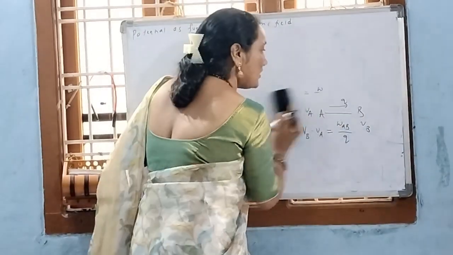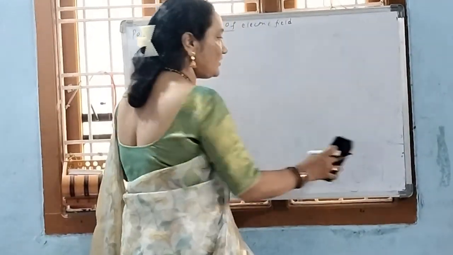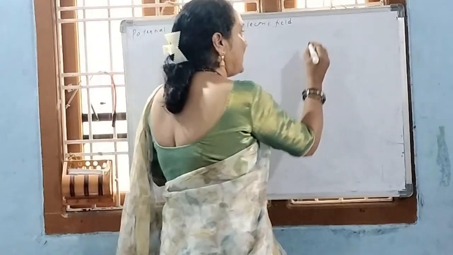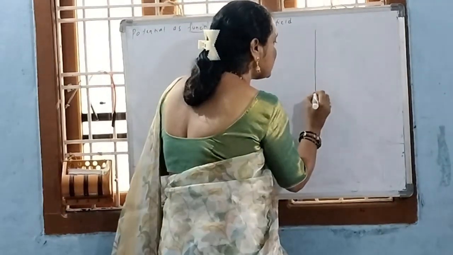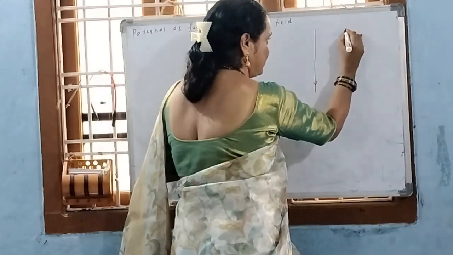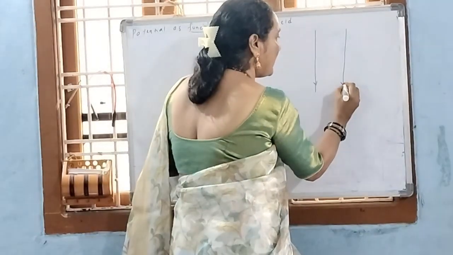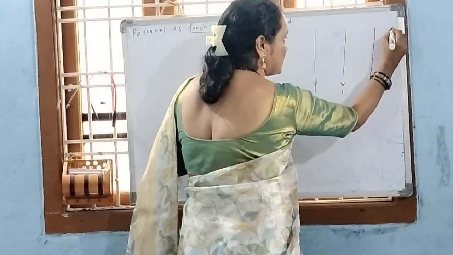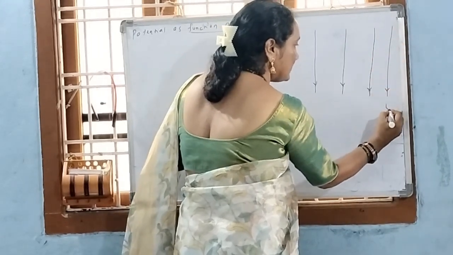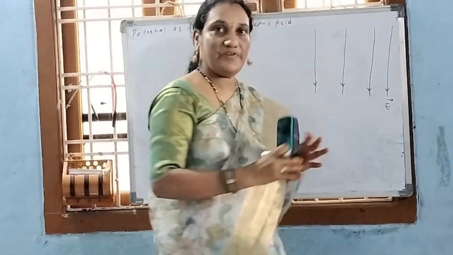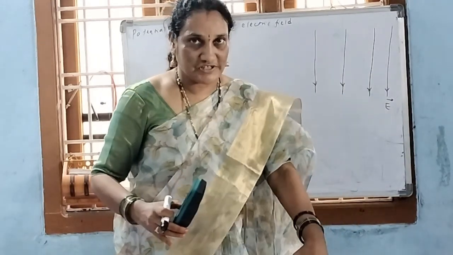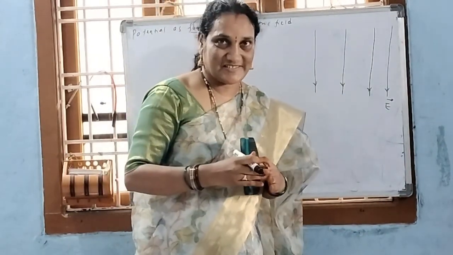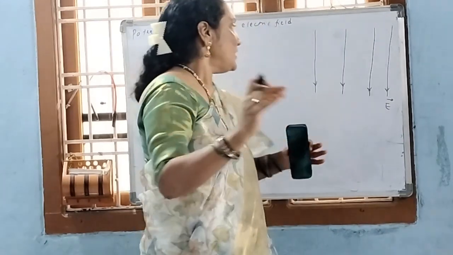Now let us go into our topic. For that, let us take an electric field in the downward direction, formed by some stationary charges. The electric field direction is pointing downwards, formed by certain stationary charges.